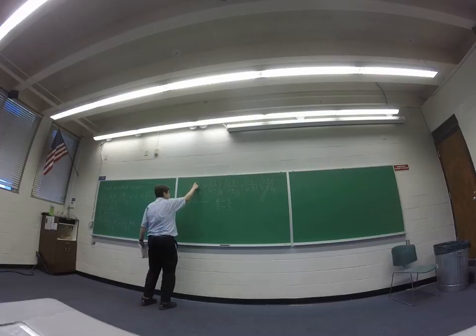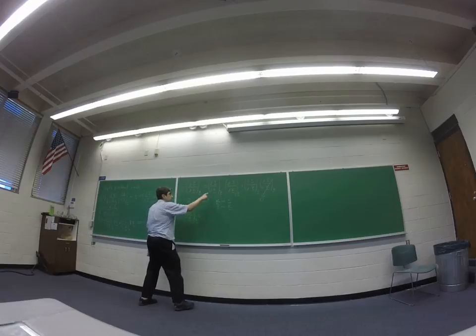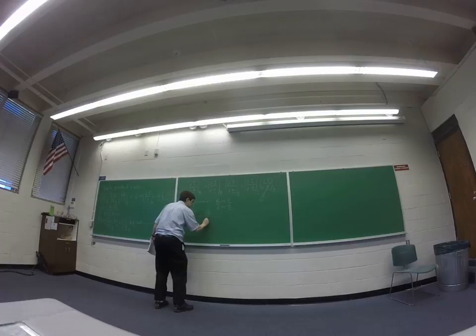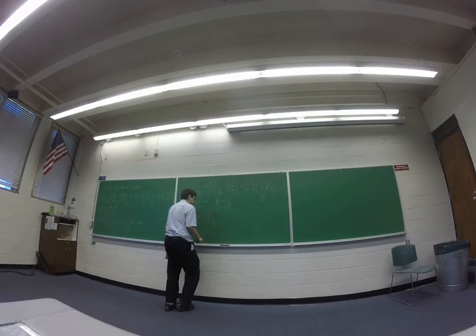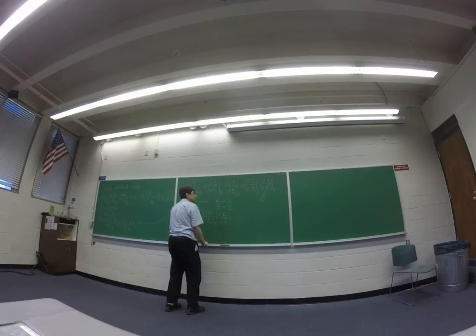So that means I get partial y with respect to x at constant z equals partial y with respect to k at constant z times partial k with respect to x at constant z.